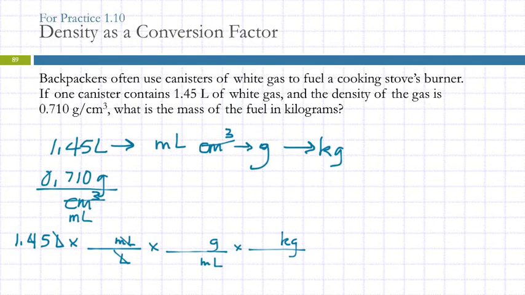Milliliters goes down here, so they cancel. Grams goes down here, so they cancel. The density relates the grams to milliliters, so it's 0.710 grams per 1 milliliter. And then I've just got metric things.